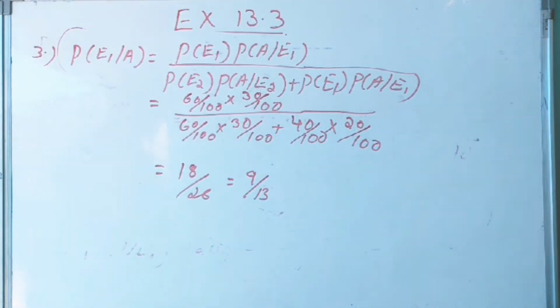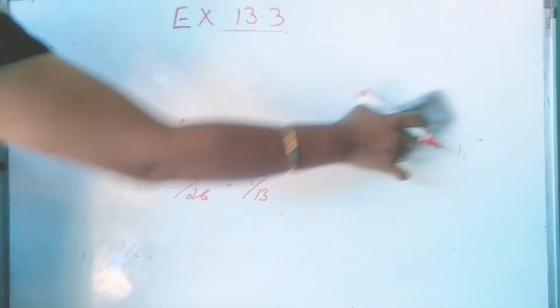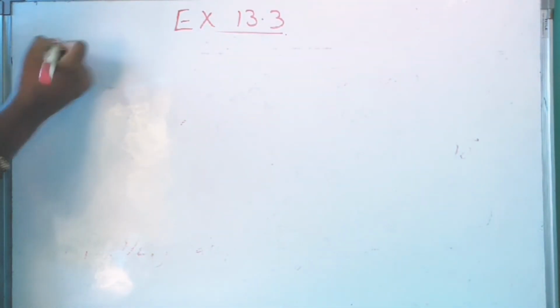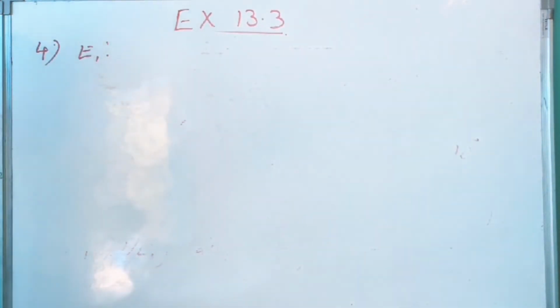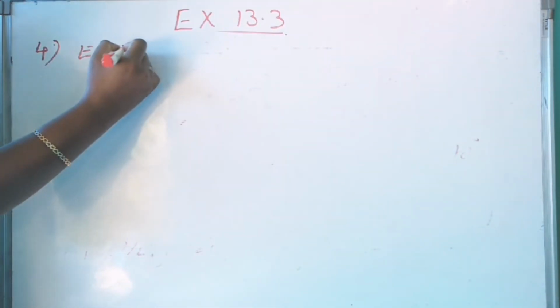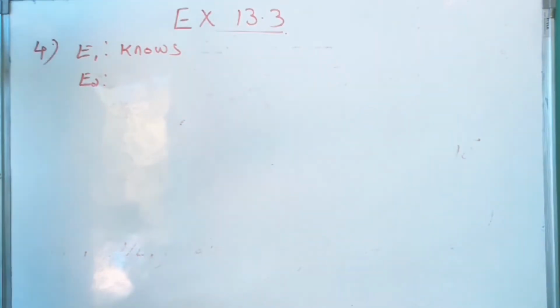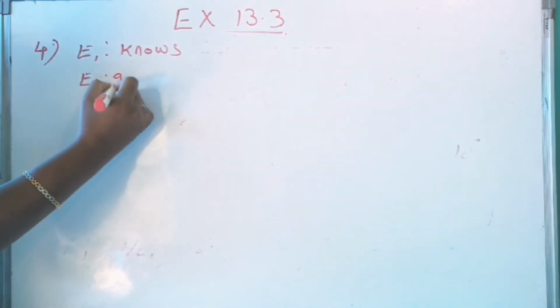So in this question, we are going to define E1 and E2. We have two cases. One, he knows the answer. Second, he guesses the answer. Let E1 be the event that the student knows the answer. Let E2 be the event that he guesses the answer.